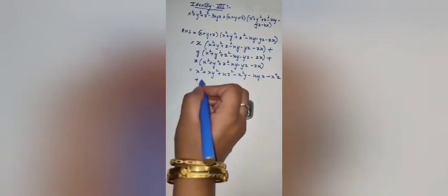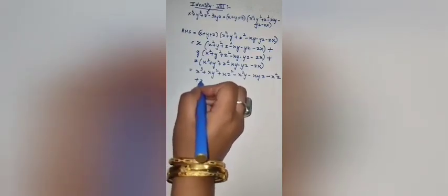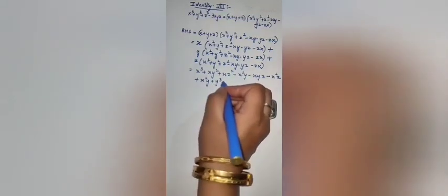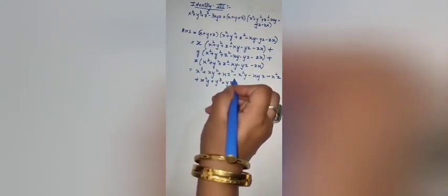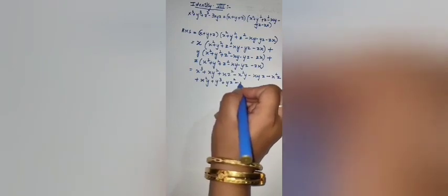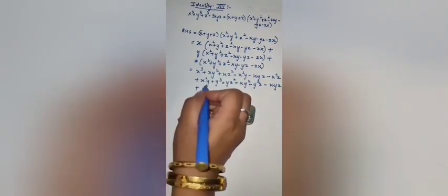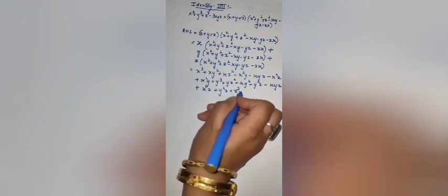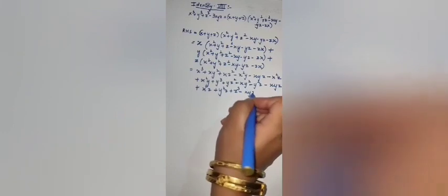Now plus y into x square will be x square y, plus y cube, plus yz square, minus xy square, minus y square z, minus xyz here. Now again plus x square z, plus y square z, plus z cube, minus xyz, minus yz square, minus xz square.